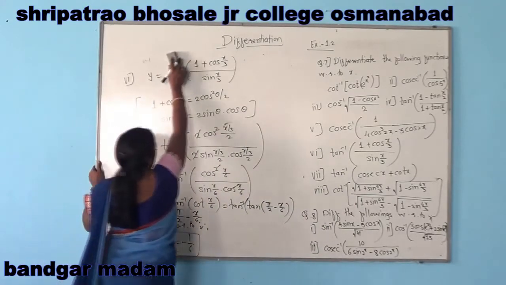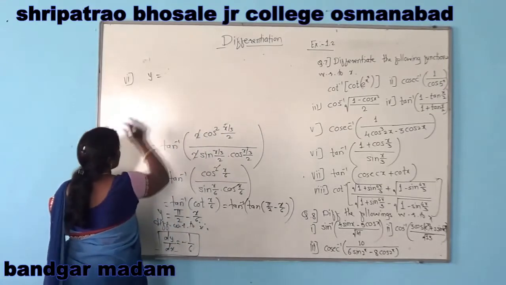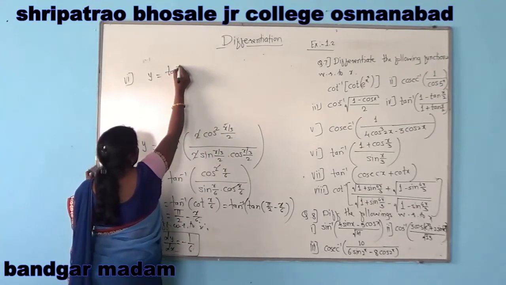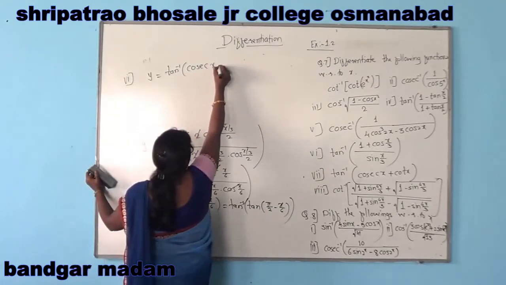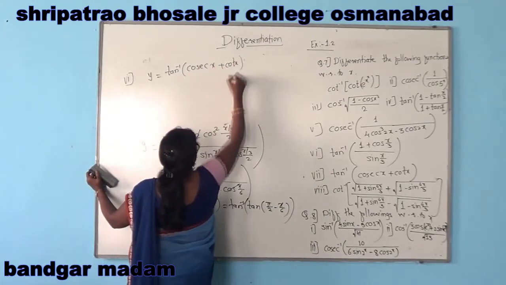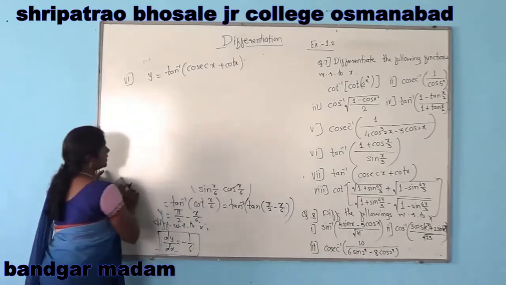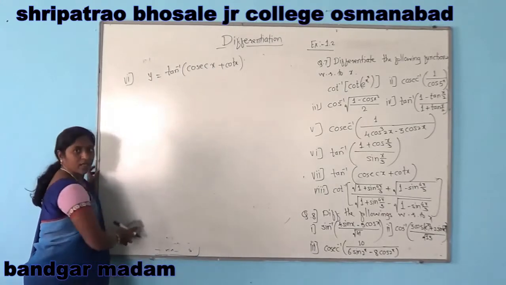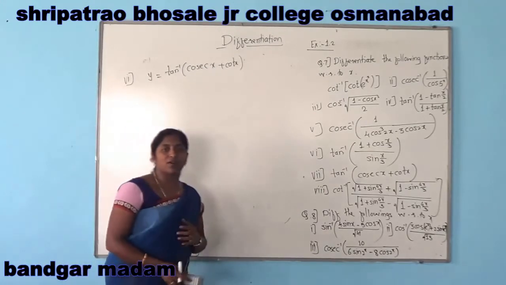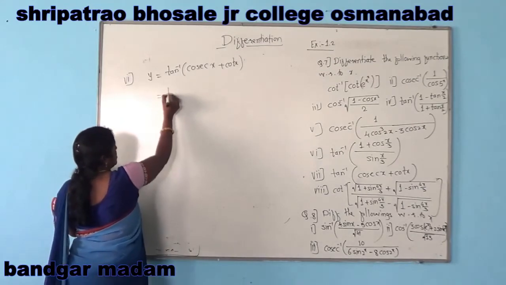This is y is equal to tan inverse of cosec x plus cot x. Now in the bracket there is cosec x plus cot x. We have to convert cosec and cot in terms of sin and cos, and then we will get the simplified form.